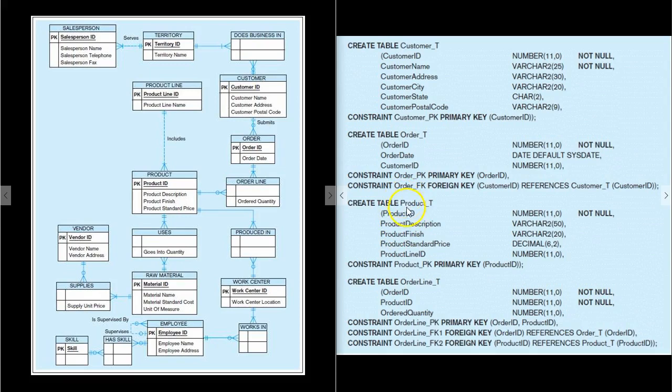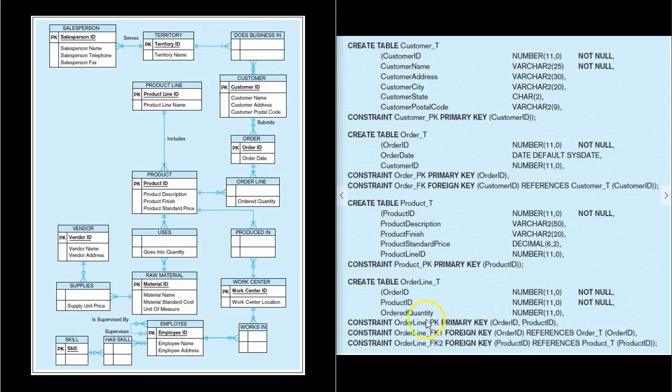And to create our product table, it's the same thing. We have a product ID, which is our primary key, of course is not null, and we define that constraint as the product PK as the primary key. And then finally, we create the order line table. And we have a couple of foreign keys that are being identified: the order ID, the product ID, and we'll have to identify those in our constraints down below.